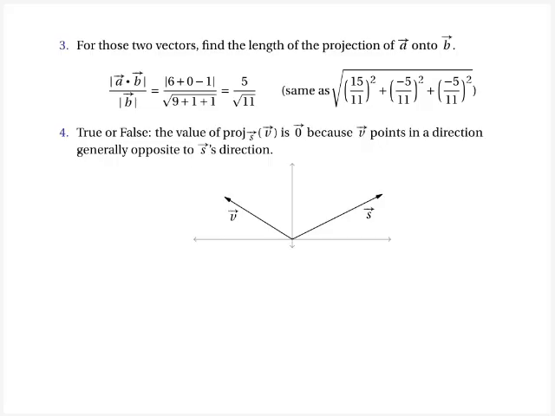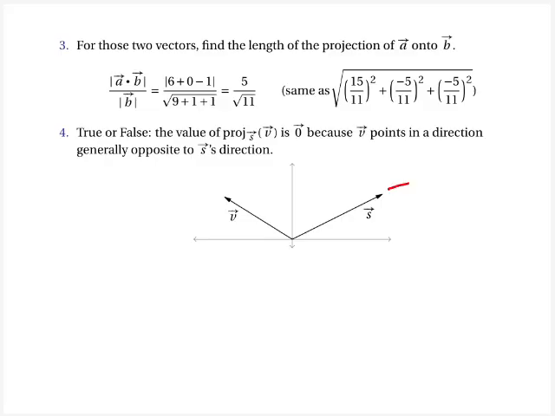True or false? The projection of V onto S in this picture is 0 because V points in a direction that's generally opposite to S's direction. Okay, and this is one of those questions that I wouldn't have asked if it was true, so it must be false.